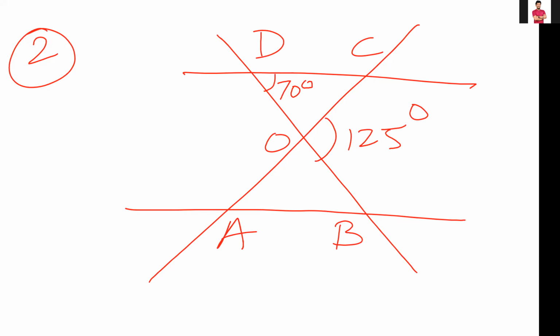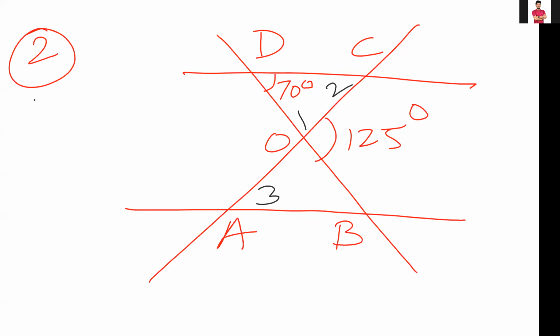Now you have to find angle DOC. DCO, if I am naming it angle 1, angle 2, OAB angle 3. Angle 1 is 55.